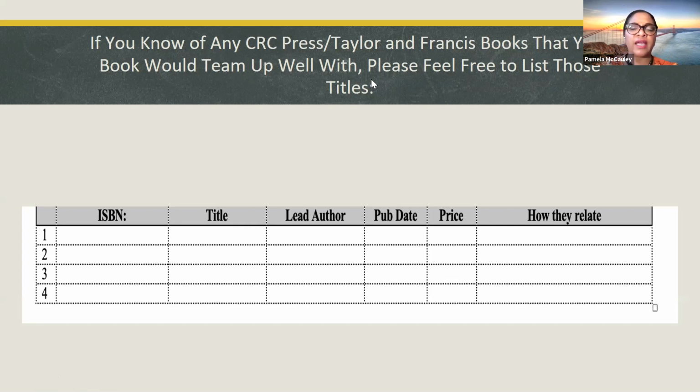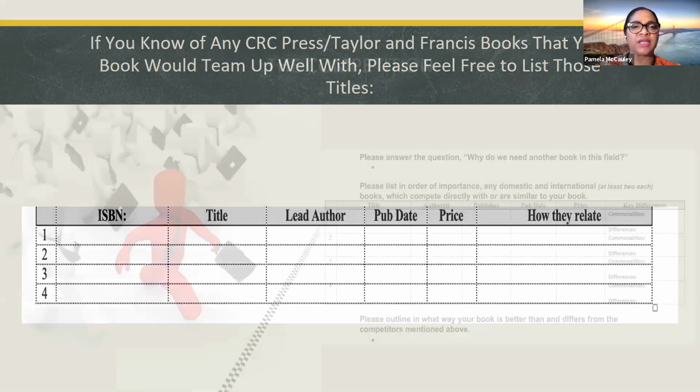An example of that would be my ergonomics book would team well with biomechanics books that are published by CRC Press, because many times if you're studying human engineering, you're almost always going to take an ergonomics course and a biomechanics course, a work physiology course as well, even though those aren't quite as popular anymore. So that again just lists those that might go well in a pairing with yours or packaging them together.